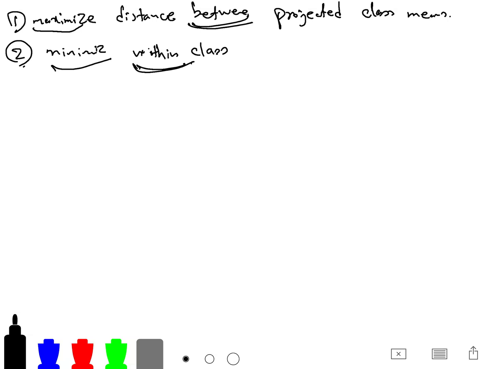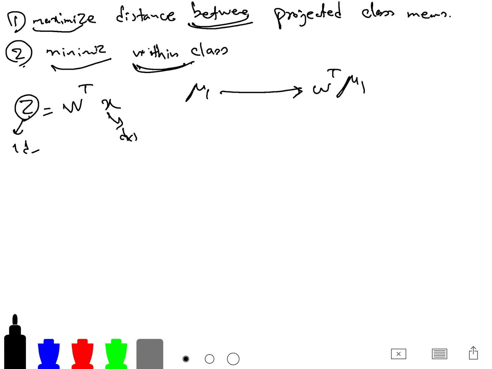So when you want to transform to another space, our design is just W. We want to go from D to 1. We want to find a one dimensional space. After transformation, I don't just say it's a projection because Z is just one dimensional. Mu1 becomes W transpose mu1.